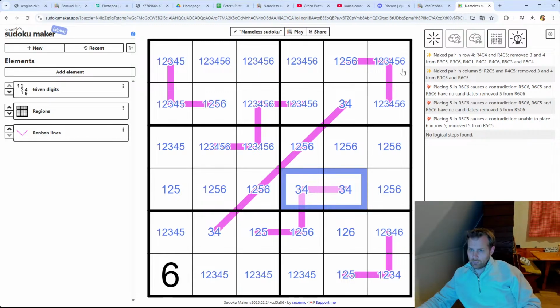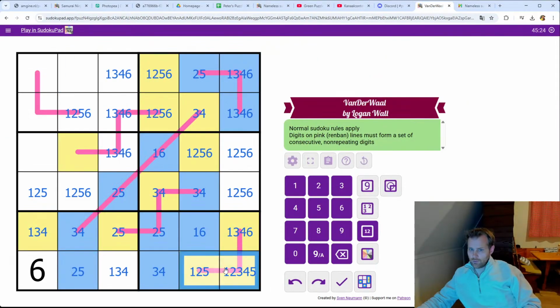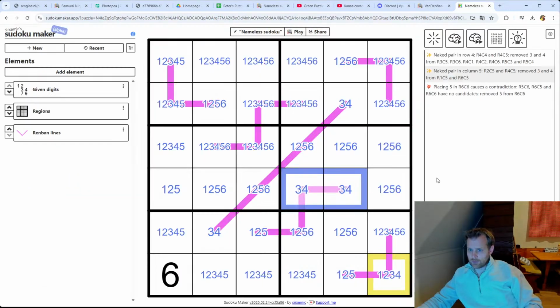Why can't there be a 5 on there? So I'm curious, it says there can't be a 5 on here. So for example, what does it say?